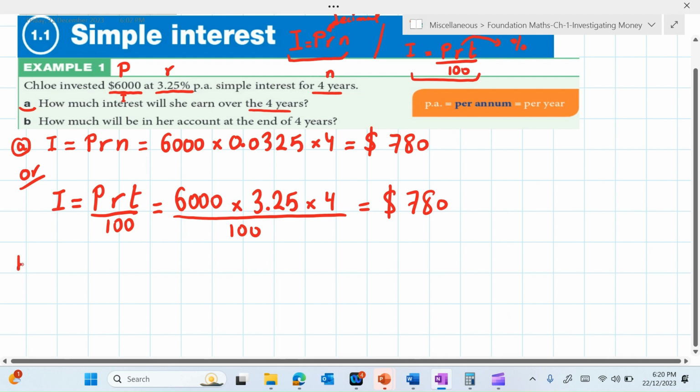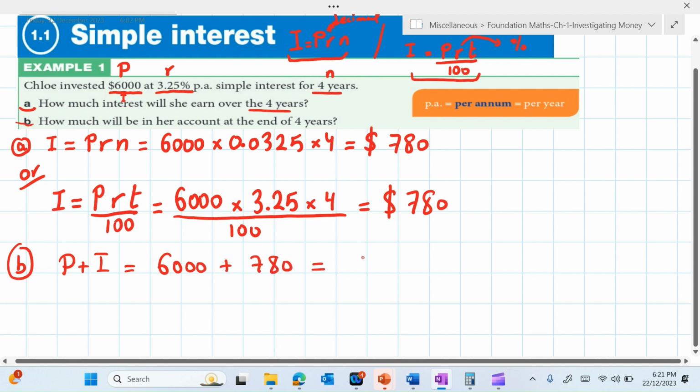Now we move to part B. How much will be in her account at the end of 4 years? So the total amount in her account will be the initial principal value plus the interest gained, which means 6,000 plus 780.